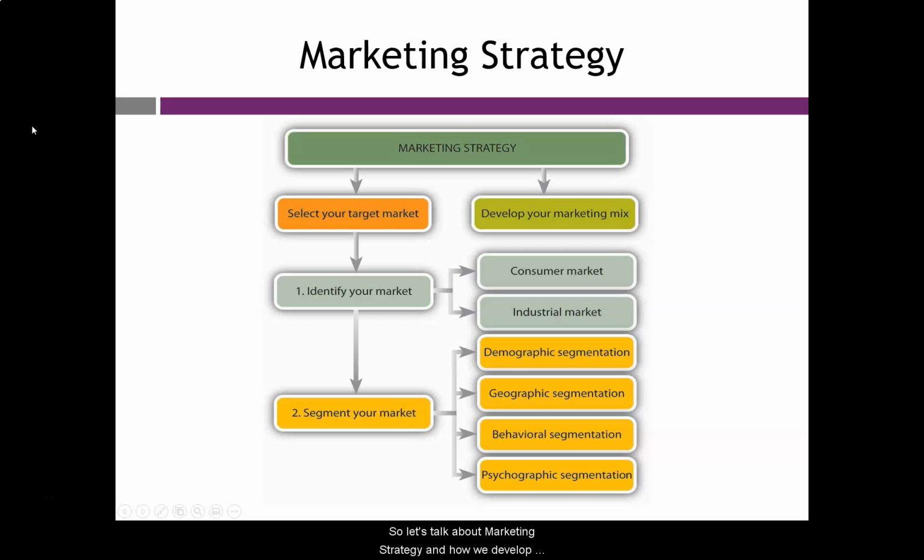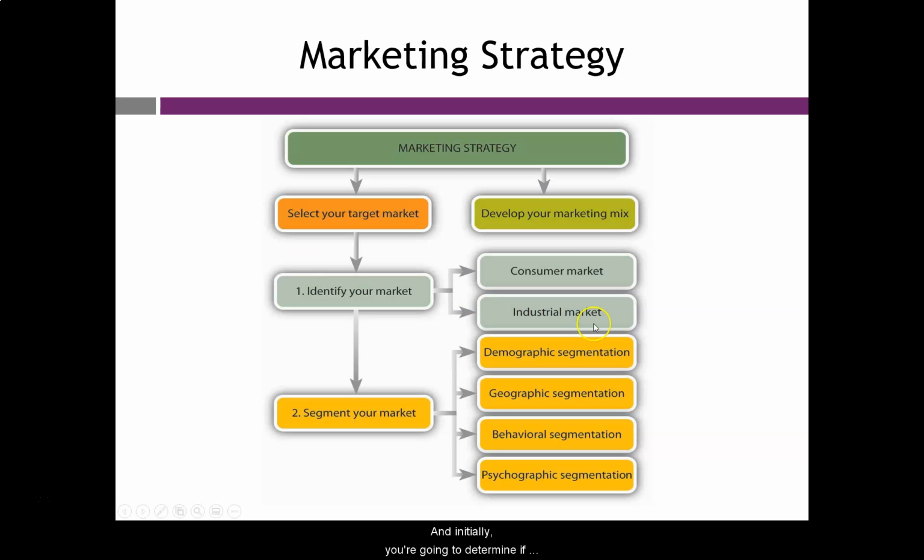So let's talk about marketing strategy and how we develop a marketing strategy. Well, it's a two-step process. First, you're going to select your target market, and then you're going to develop a marketing mix that'll help you reach that target market. So we're going to start by talking about your target market, identifying who that target market is.